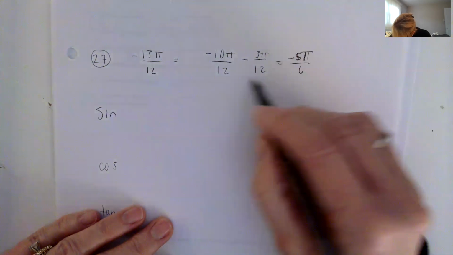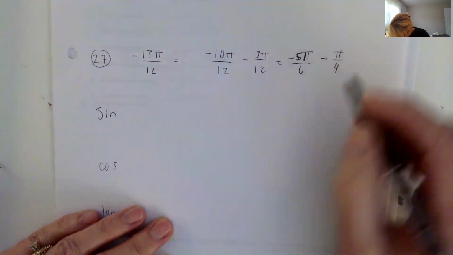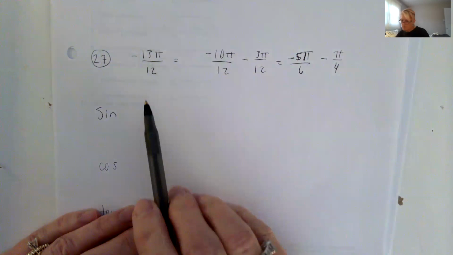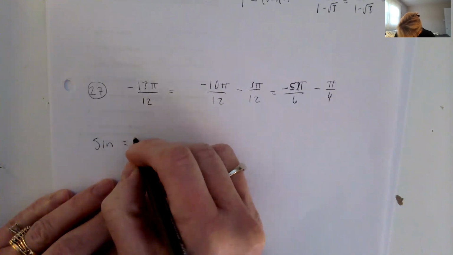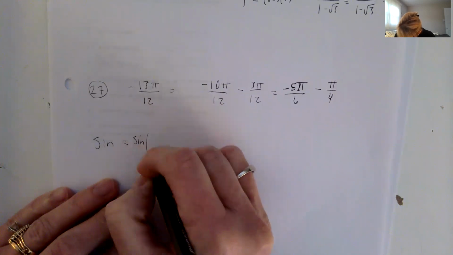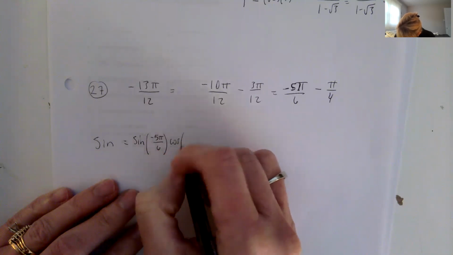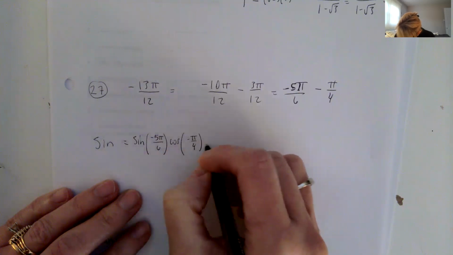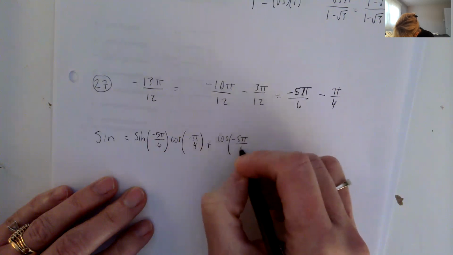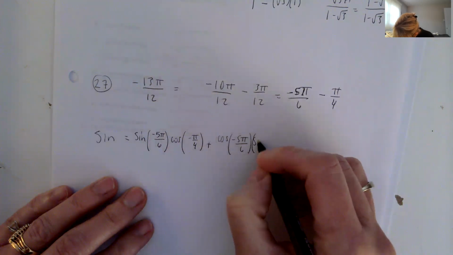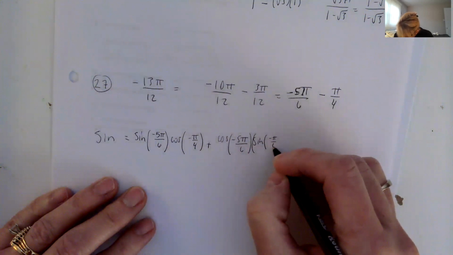And then negative pi over 4. So the sine of this is going to be the sine of a negative 5 pi over 6 times the cosine of a negative pi over 4 plus cosine of a negative 5 pi over 6 times the sine of a negative pi over 4.